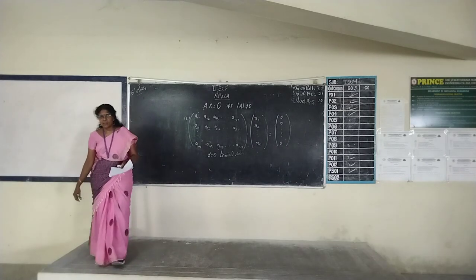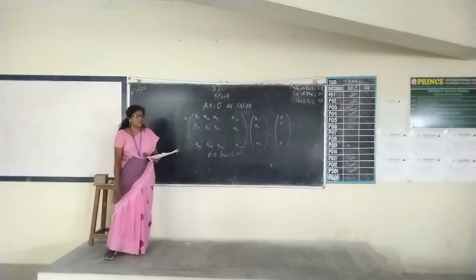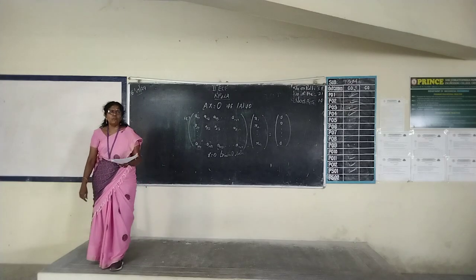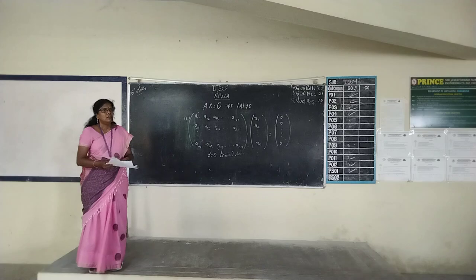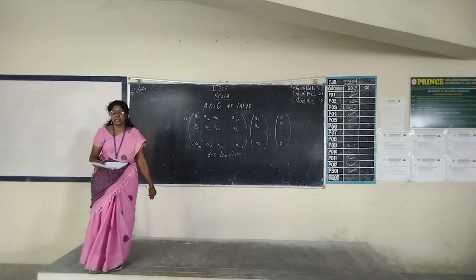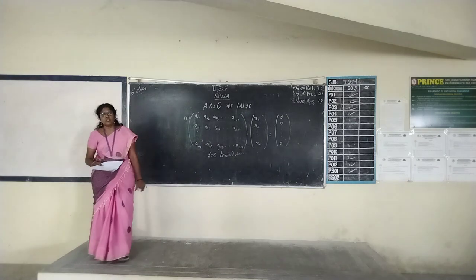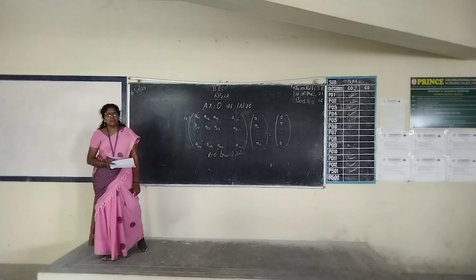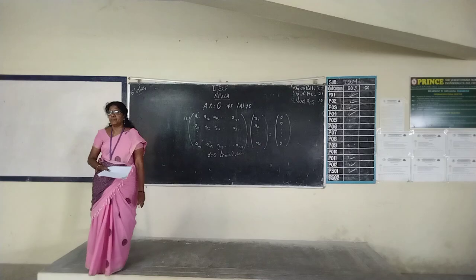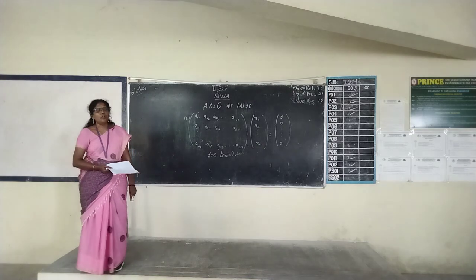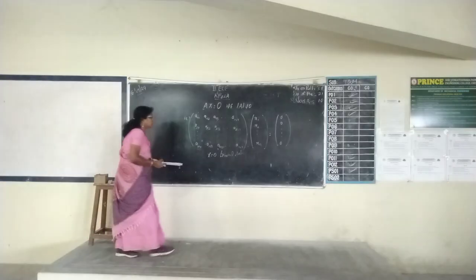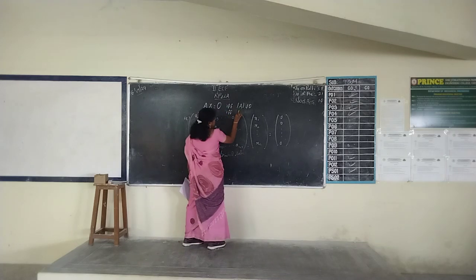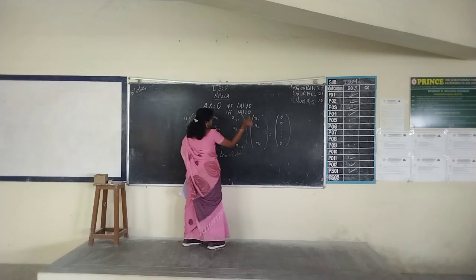Next, the second statement of the theorem. The system of homogeneous equations Ax = 0 has a non-trivial solution if and only if the determinant of A is equal to 0.